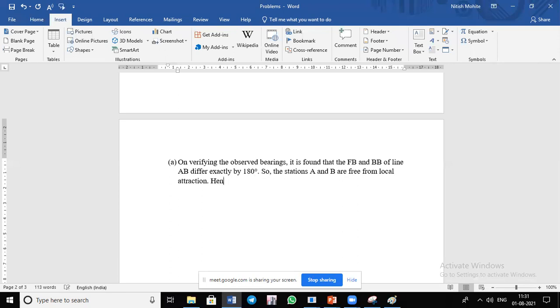Hence the observed forebearing and back bearing of line AB are correct. This will be the statement.